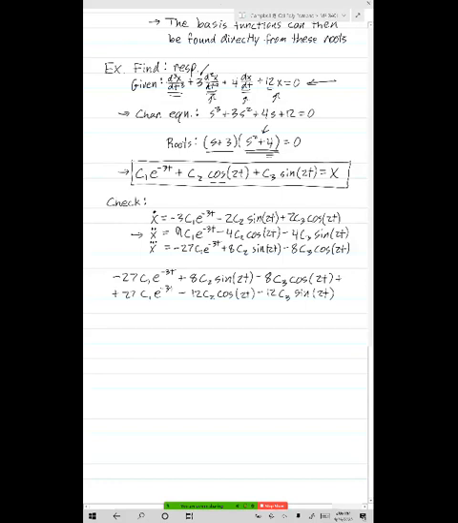And then we have our first order derivative multiplied by 4. So then we get a negative 12 C1 e to the negative 3t minus 24 times C2 times sine 2t.